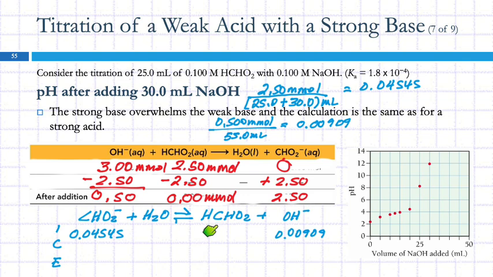What's the concentration of the acid? 0. We neutralized it. So what we're doing here, I'm adding sodium hydroxide, and I'm going to assume that this is going to react completely and go all the way to the other side. But then I know that if I have some of this, there's going to be an equilibrium. After we push everything to that side, then we can look at the equilibrium.